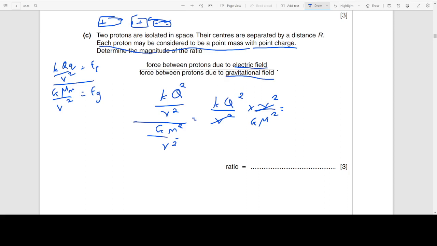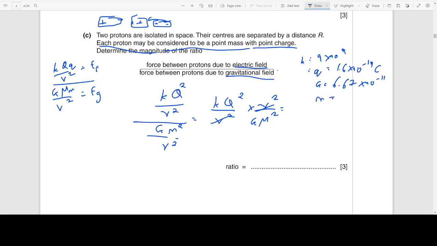k is 9 into 10 raised to 9, and q, which is charge on proton, is 1.6 into 10 raised to minus 19 coulombs. G is the gravitational constant, which is 6.67 into 10 raised to minus 11, and mass of a proton.